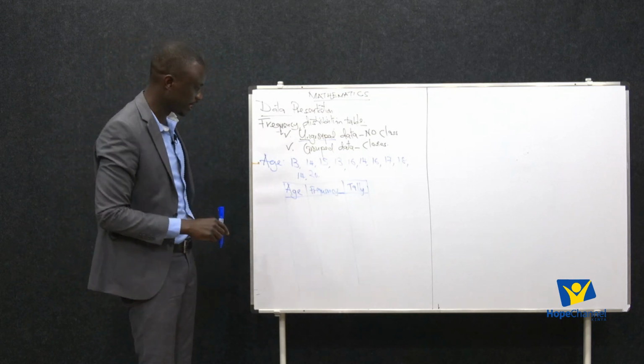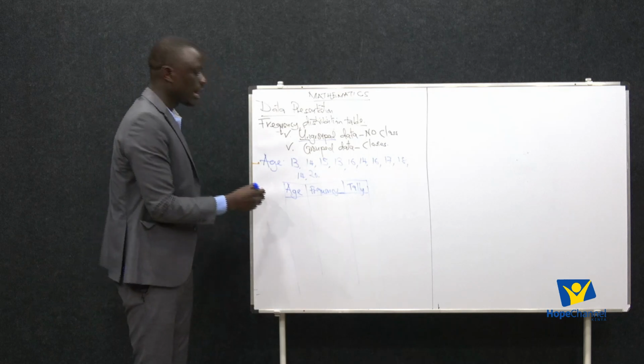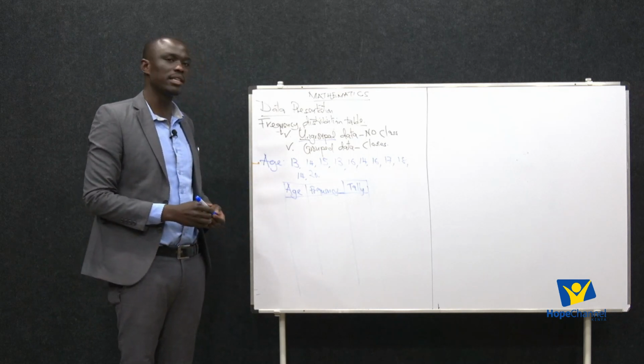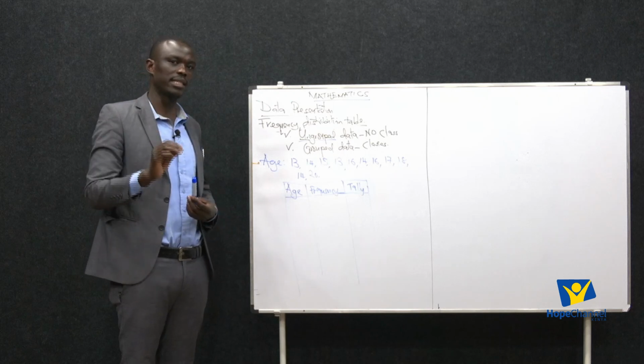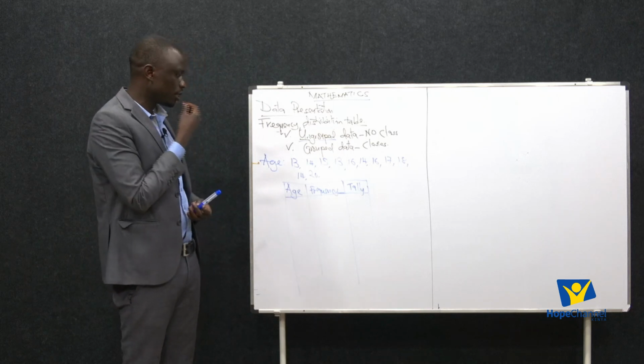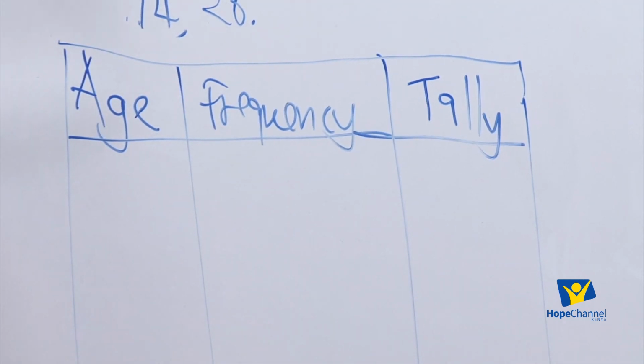For the ages, I will have to arrange them, because one of the things we do in statistics is to classify, so the data must be sorted. We must arrange the data in ascending order. It is always a very good practice to arrange your data in ascending order.